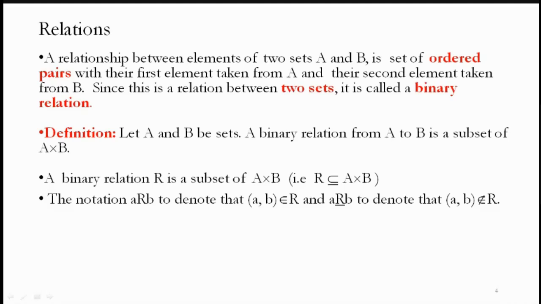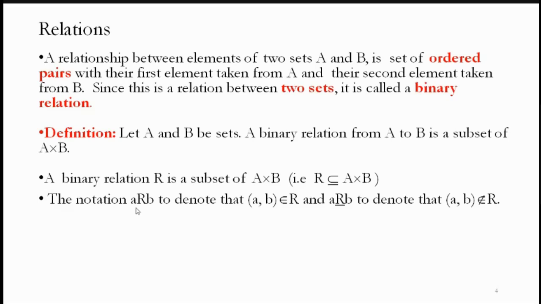This relation, how can we mention that A is related to B? We are going to represent it with a capital R as the symbol. The notation A R B denotes that (A, B) belongs to capital R. When can you say that it is not in the relation R?